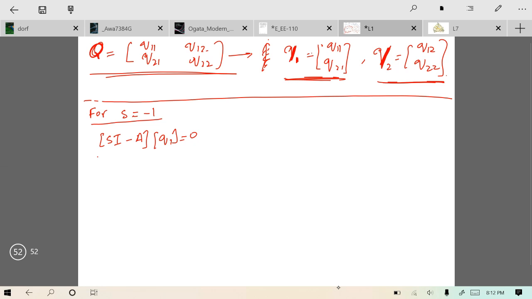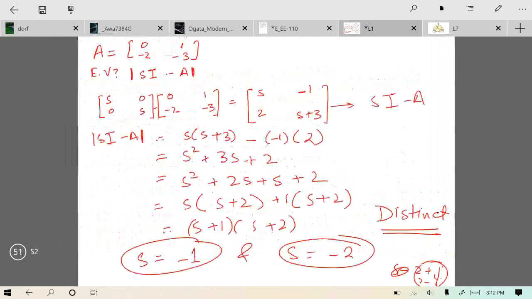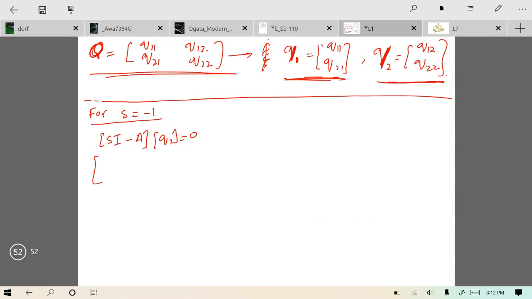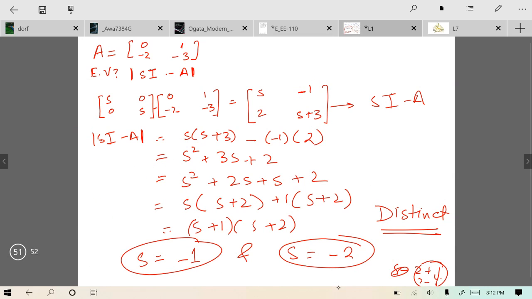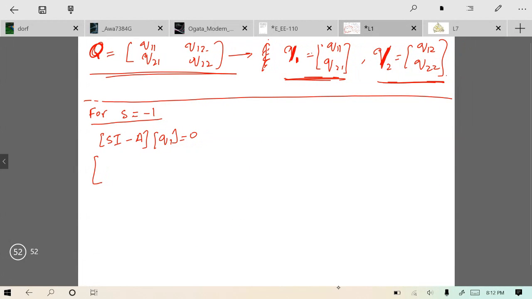I have already calculated sI minus A, which is s minus 1, 2, s plus 3. If I put s equal to -1 in this matrix, I have -1, -1, 2, and -1 plus 3, which is equal to 2. So -1, -1, 2, 2 times q1 equal to 0.